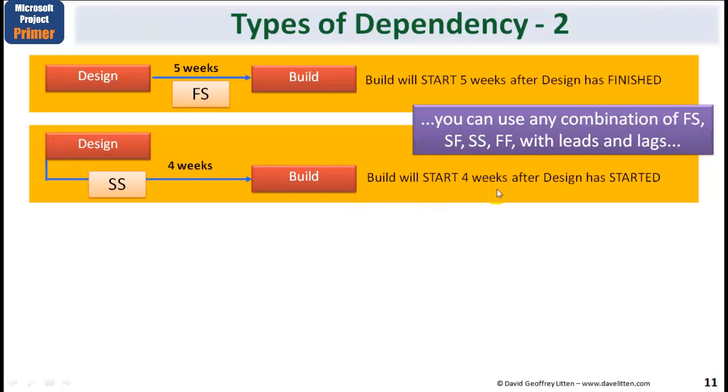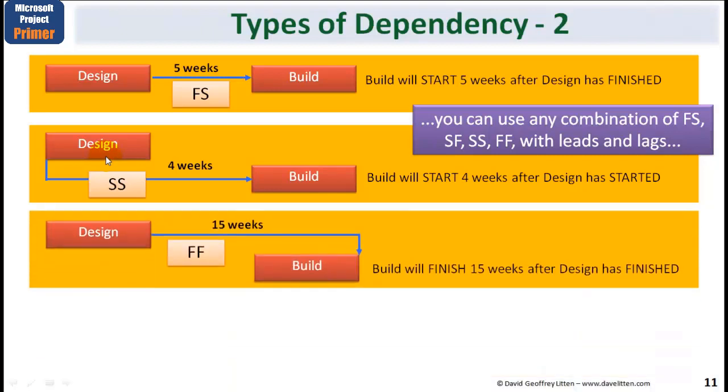Exactly as it says here. Now, a concept I want to put across to you, because quite naturally we think about predecessor tasks and successor tasks as one before the other, but I want you to start seeing them as merely the linkages. We've, by setting up this, said quite clearly that we will start building 4 weeks after design has started.